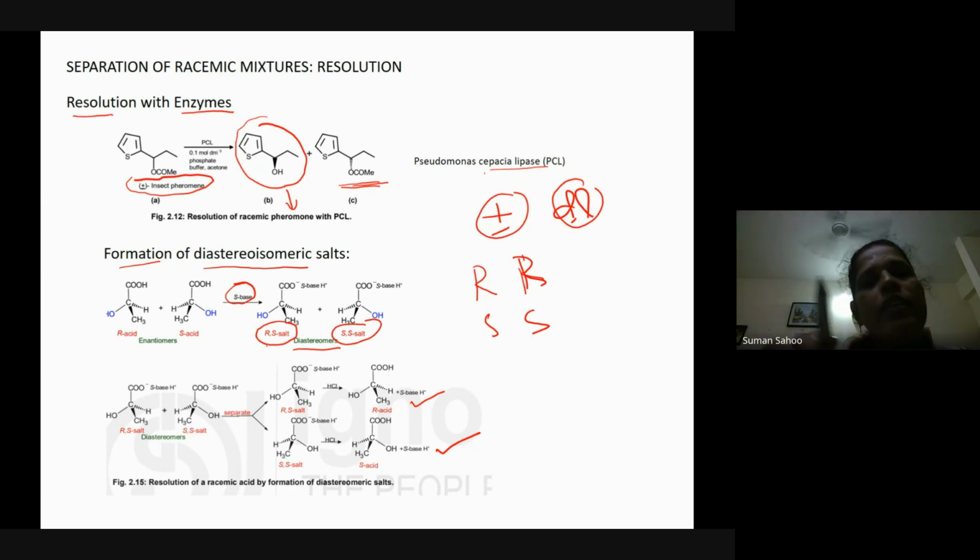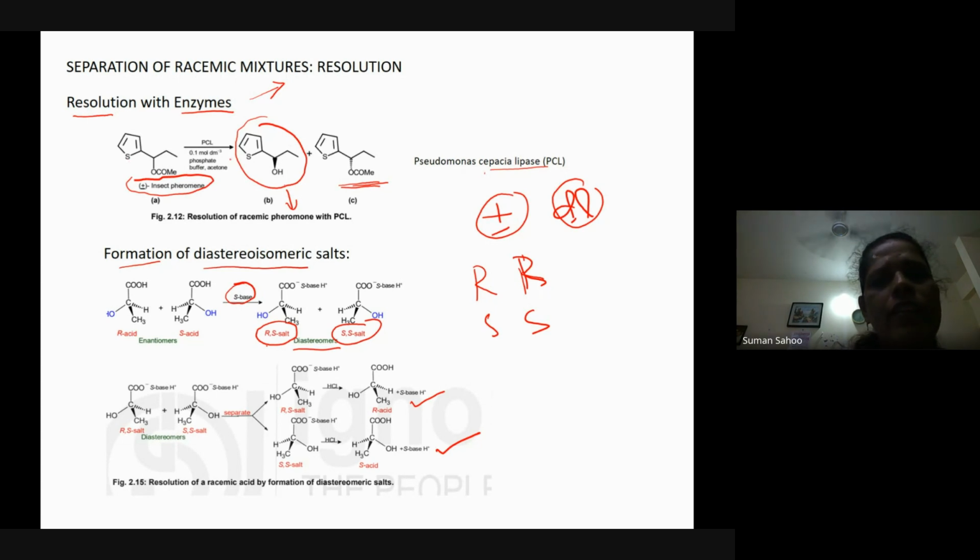Resolution means you are separating racemic mixtures using enzymes. Enzymes are biocatalysts, and they have affinity for a specific enantiomer. Suppose the enzyme has a specific affinity for your S enantiomer.